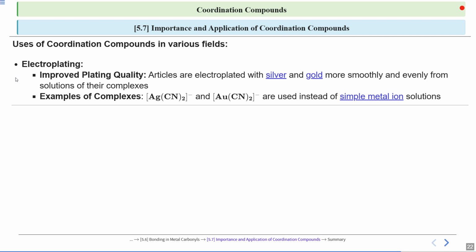So in the field of electroplating, we use the complexes of silver and gold instead of simple metal ion solutions for plating, which improves the quality.